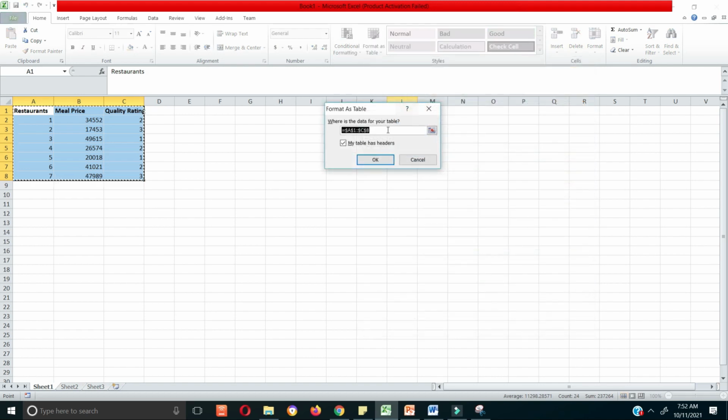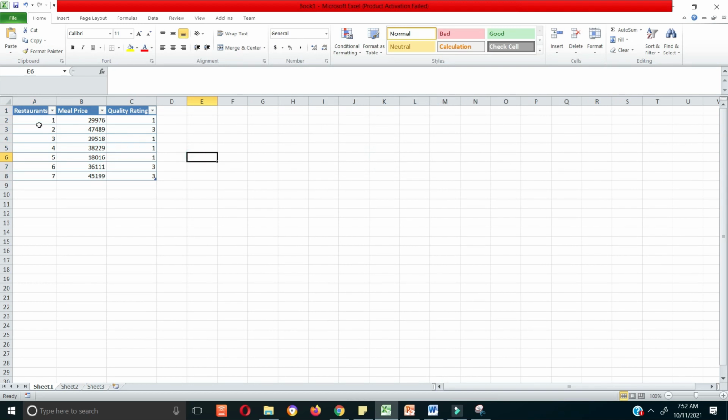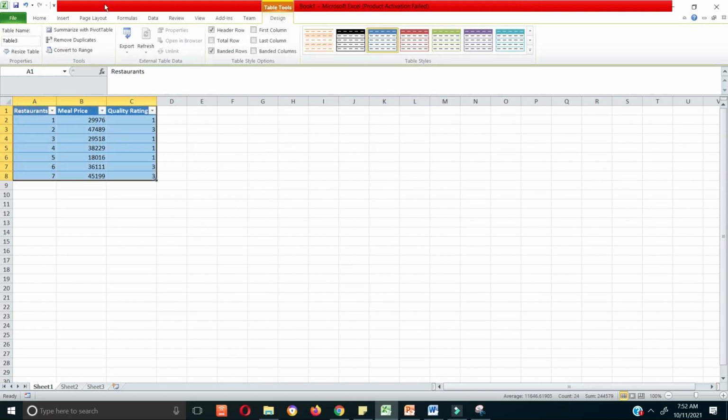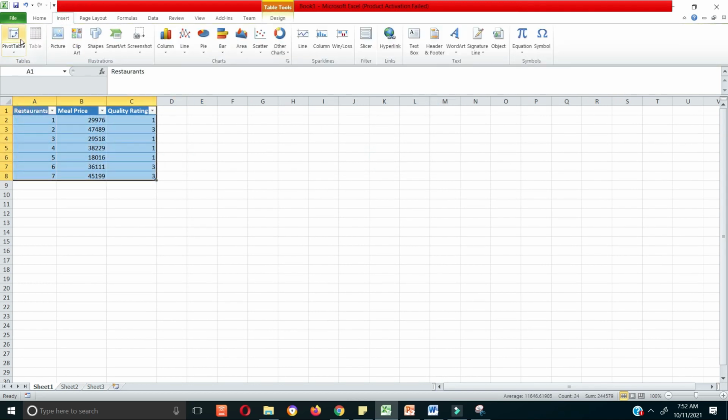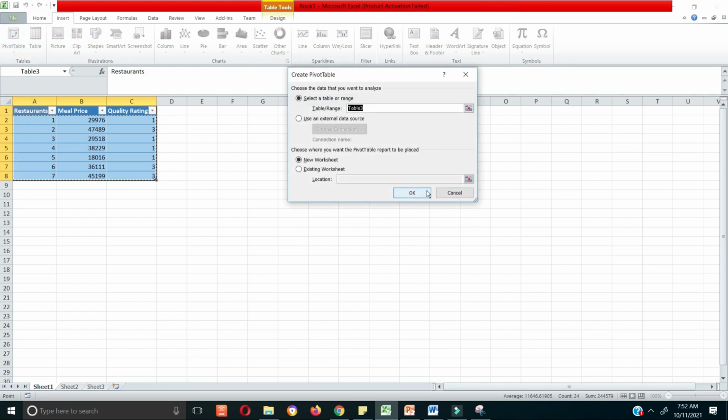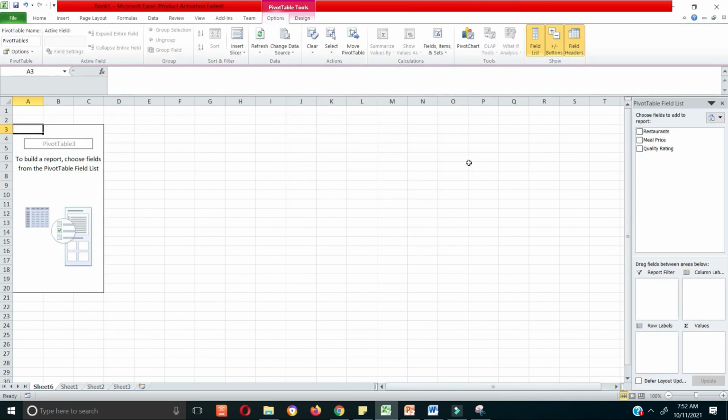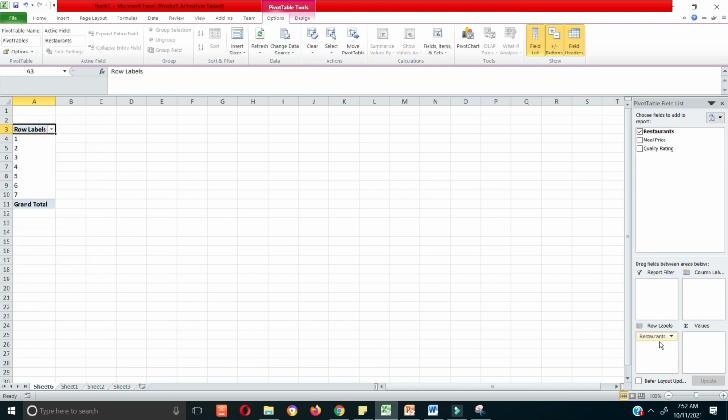Let me choose that format. Then select your data, go to insert, and insert a pivot table. It's going to ask you to select some data. In our case, I want our restaurants to be the row labels here.